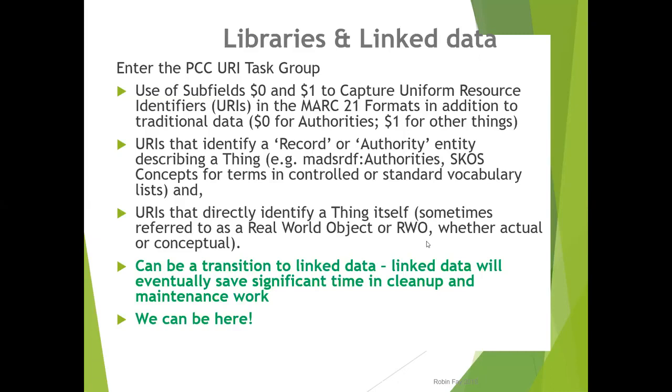And then subfield 1 is for other things. So they really are looking at URIs that identify a record or authority entity describing a thing. So it can be like the person's name, something like that, or it can directly identify a thing itself.